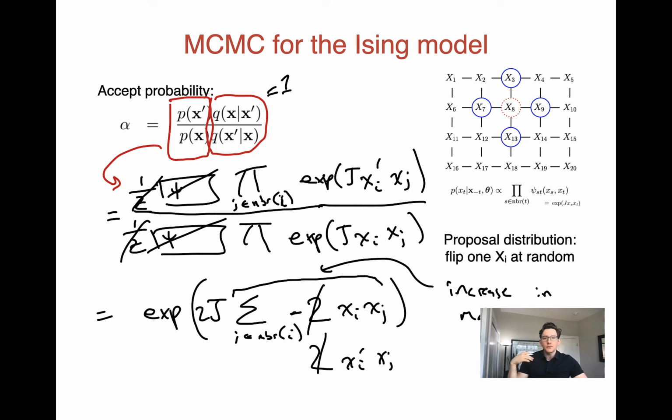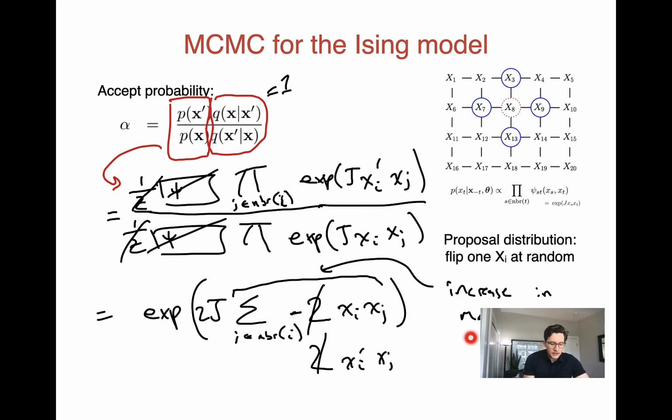If we get -4 matches, that is, we're flipping from all matching to no matching, then this is going to be a big negative number, and we're going to get a very low accept probability. If it's just 1 decrease in match, then it's going to be a relatively large probability, still less than 1.